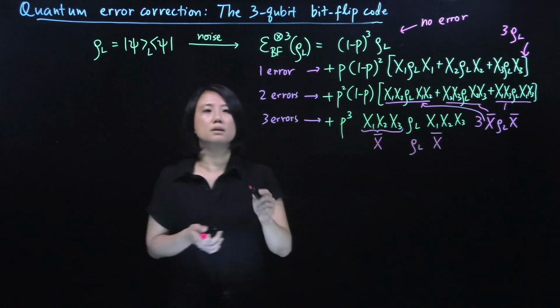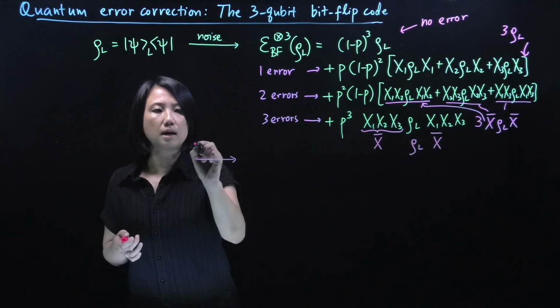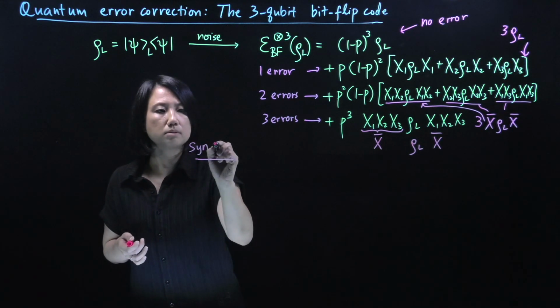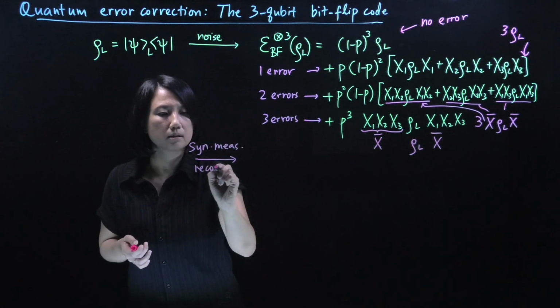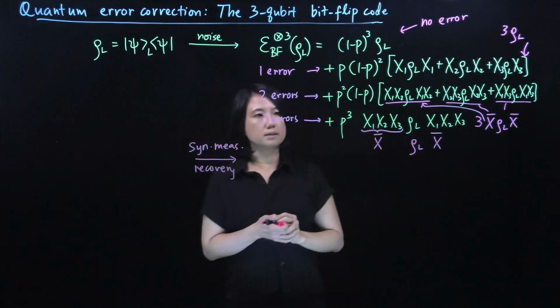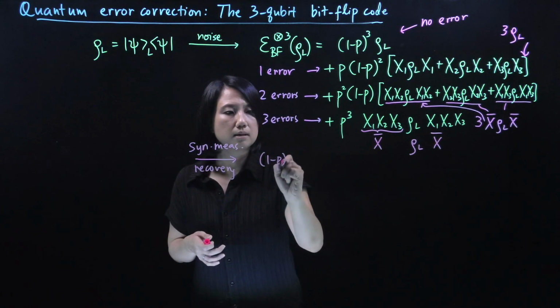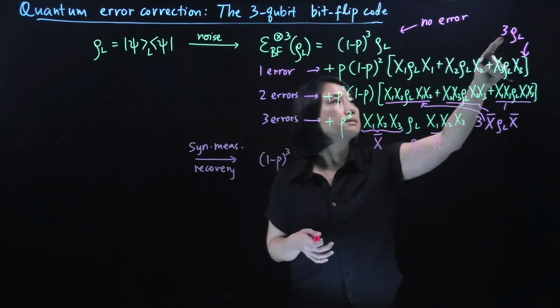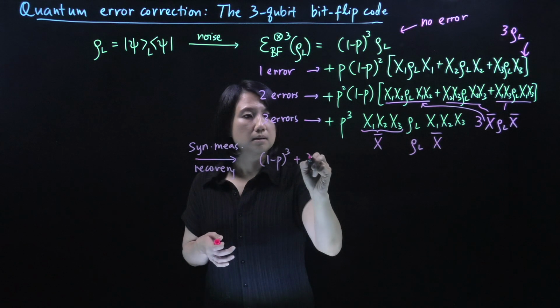Now I add one more thing, which is really after my syndrome measurement and recovery. I have the following state that is left. I have 1 minus p cubed plus the 3 p times the 1 minus p squared.